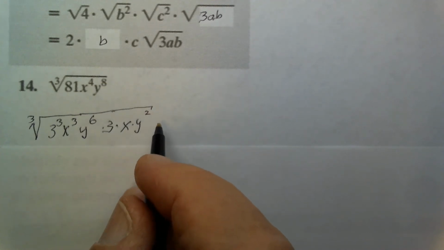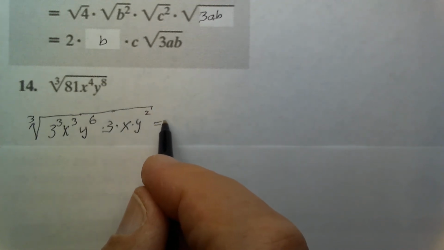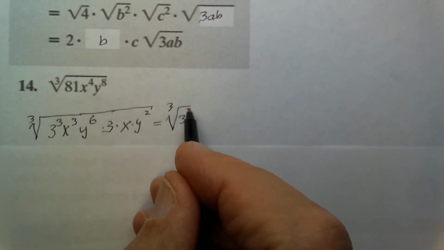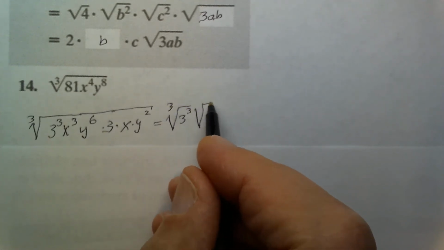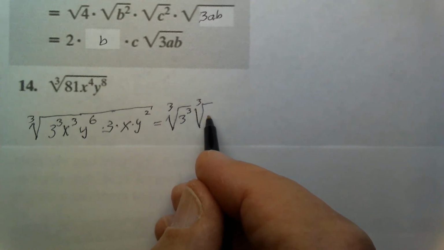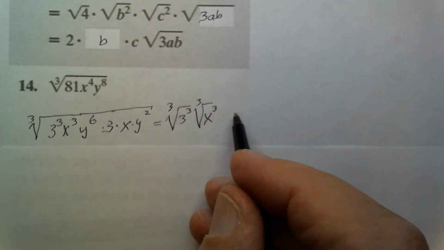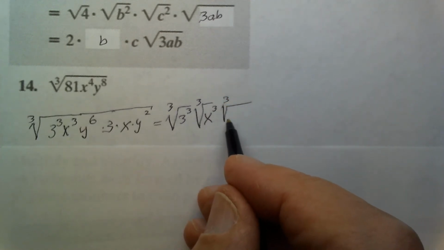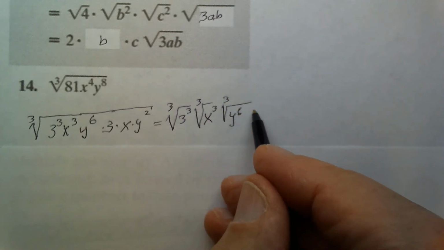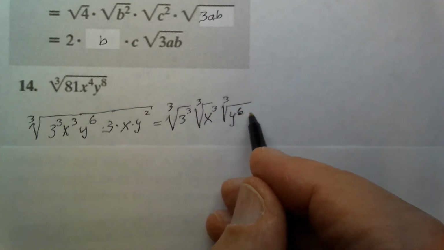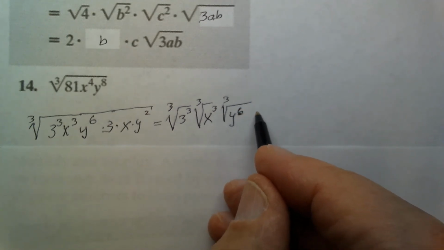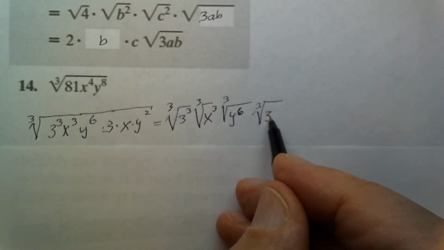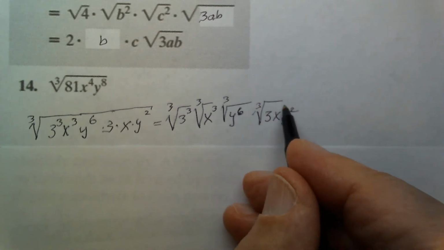But now we can write this as the third root of 3 to the third times the third root of x to the third times the third root of y to the sixth times the third root of 3xy squared.